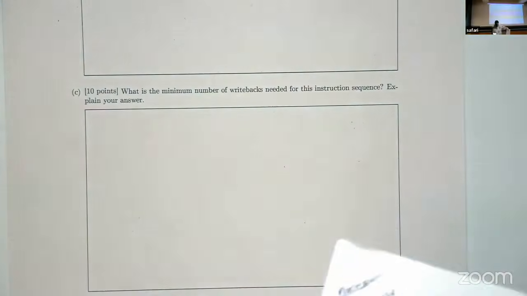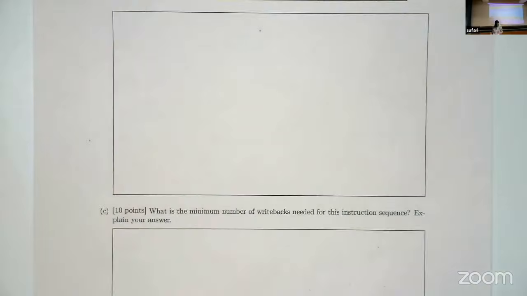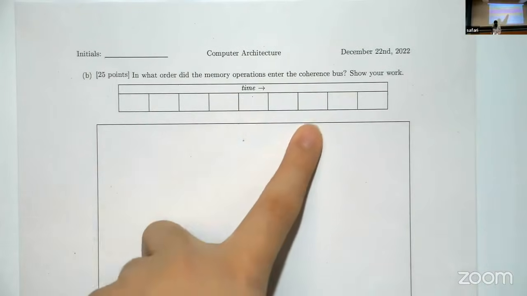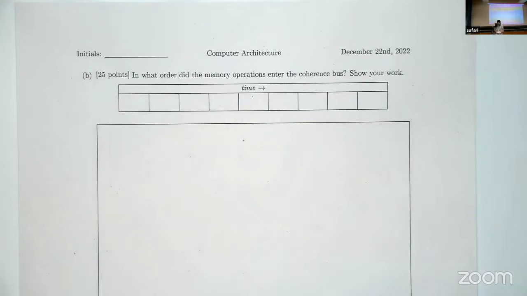And for the next one, the question asks, in what order did the memory operations enter the coherence bus? Show your work. So as you can imagine, there are different correct answers for that. What is important in this question is that we remember it should be sequentially consistent. So we should not reorder instructions from the same processor.